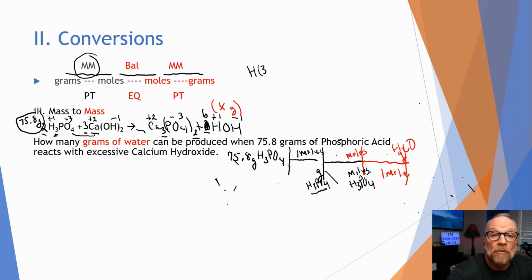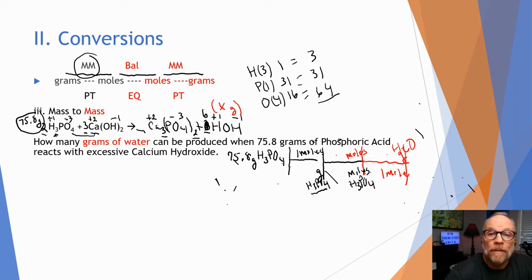We have 3 moles of hydrogen, 1 mole of phosphorus, and 4 moles of oxygen. 1, 31, and 16. 16 times 4 is 64 there. 3 plus 31 plus 64 is 98 grams per mole. 98 grams per mole.